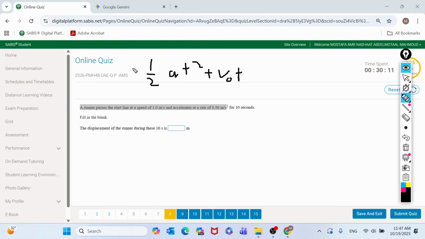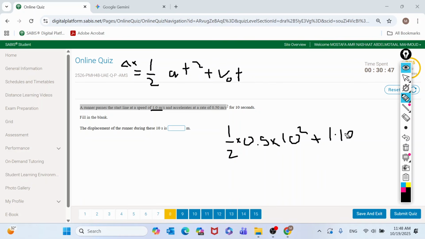So 1 over 2 times the acceleration, which is 0.5, times t squared, so 10 squared, plus v0t. v0 is 1, so 1 times 10.